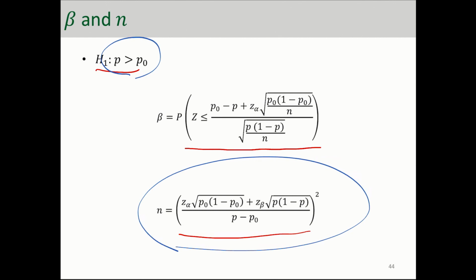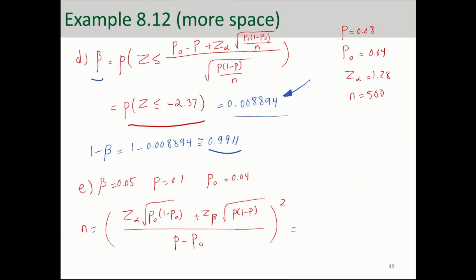So let's calculate N here. Well, to calculate N, we have these parameters. We need to read Z of alpha, which is Z of 0.1 from the table. We already know that is 1.28. You need to have Z of beta, and that is Z of 0.05, and that is 1.64 or 1.65.